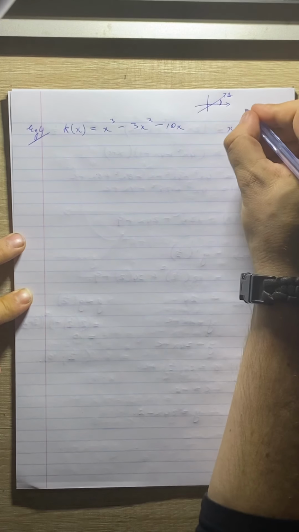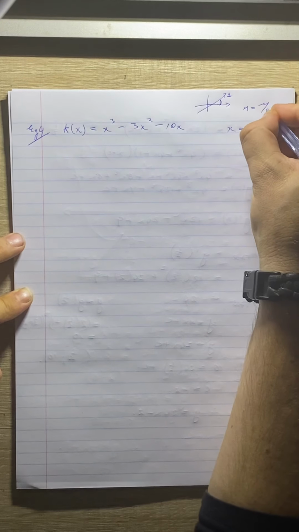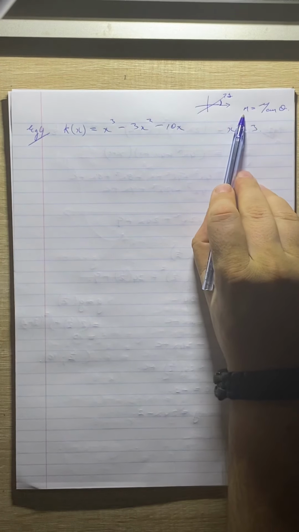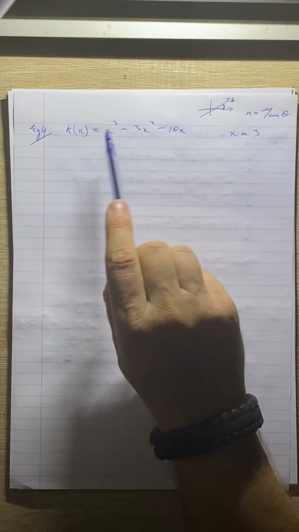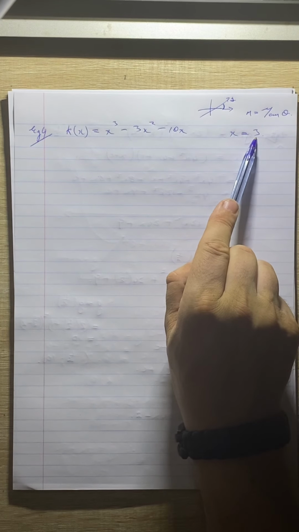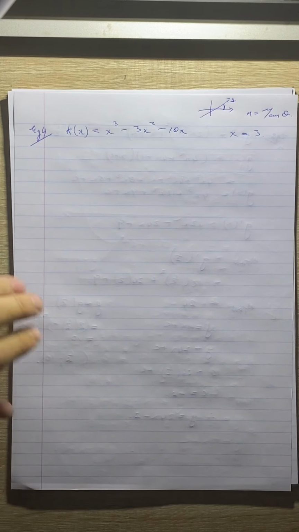And do you remember what the formula for that is? It is m is equal to tan theta, okay? So again, the gradient is equal to tan theta. So what I can do here is I can find the gradient of this graph at 3, when x is 3. Then I can just use this to find the angle of inclination.